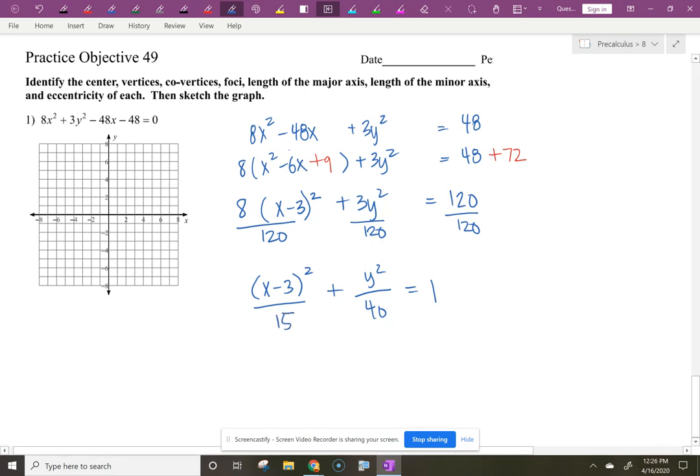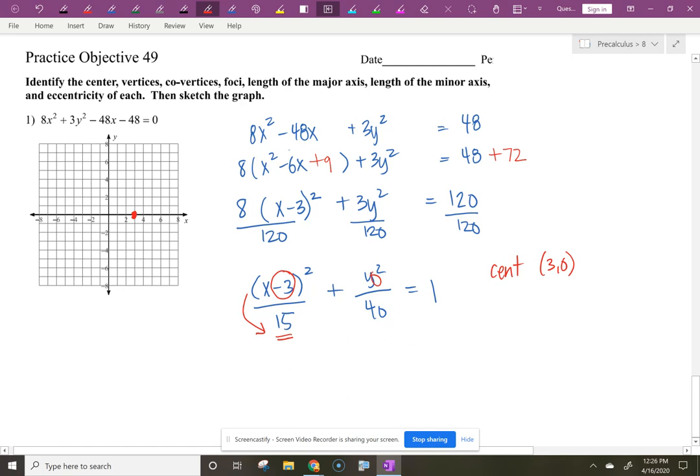All right. Now the fun part. How do we graph it? All right, let's start. First off, we're going to go 3 in the x and 0 in the y. So 3 in the x and 0 in the y is right there. So that's our center. So the center is at 3, 0. Then in the x direction, we're going to go root 15.